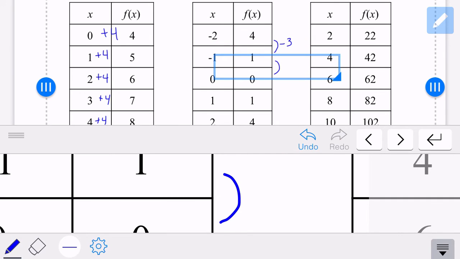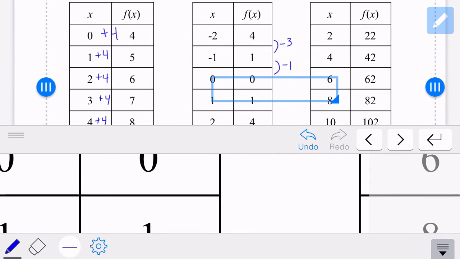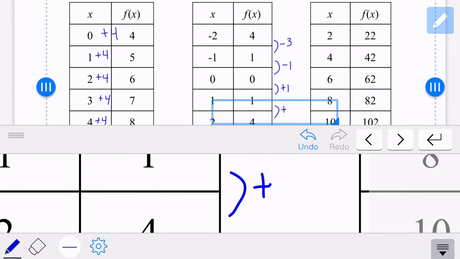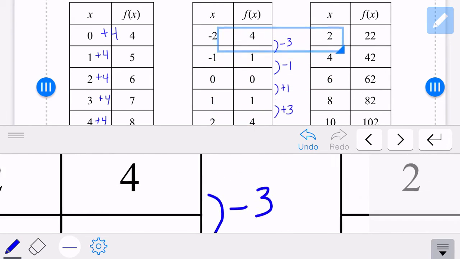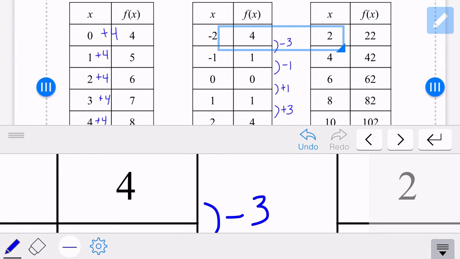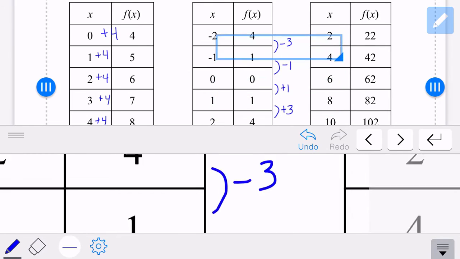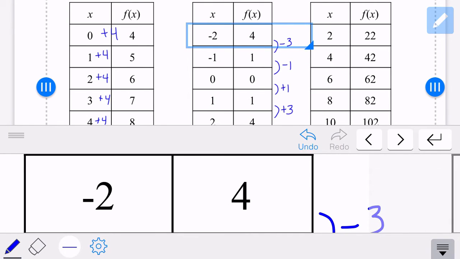And then 1 to 0 goes down by 1. And then 0 to 1 goes up by 1. And then 1 to 4 goes up by 3. So this one is an example of something that's not linear. It doesn't change by the same amount every time in your output. So that's where we want to maybe look at some exponents.